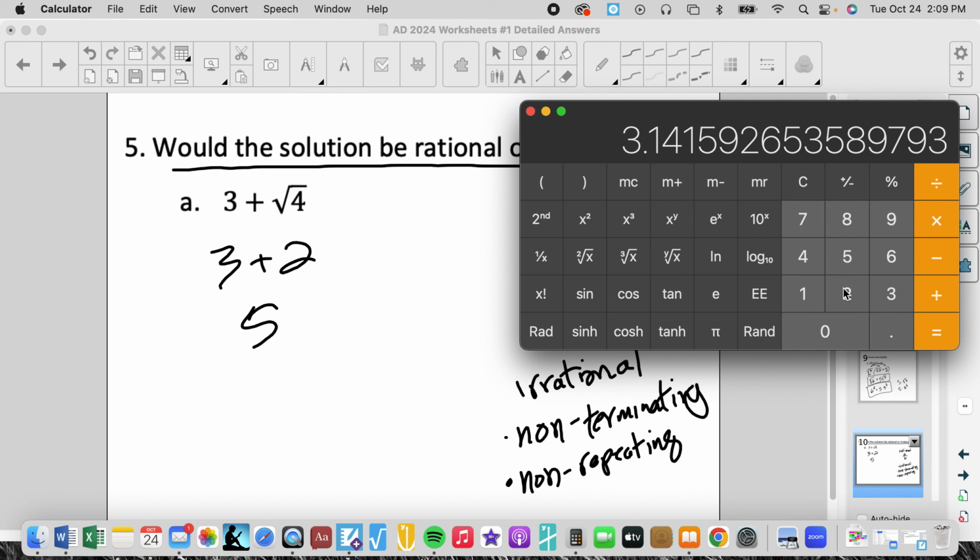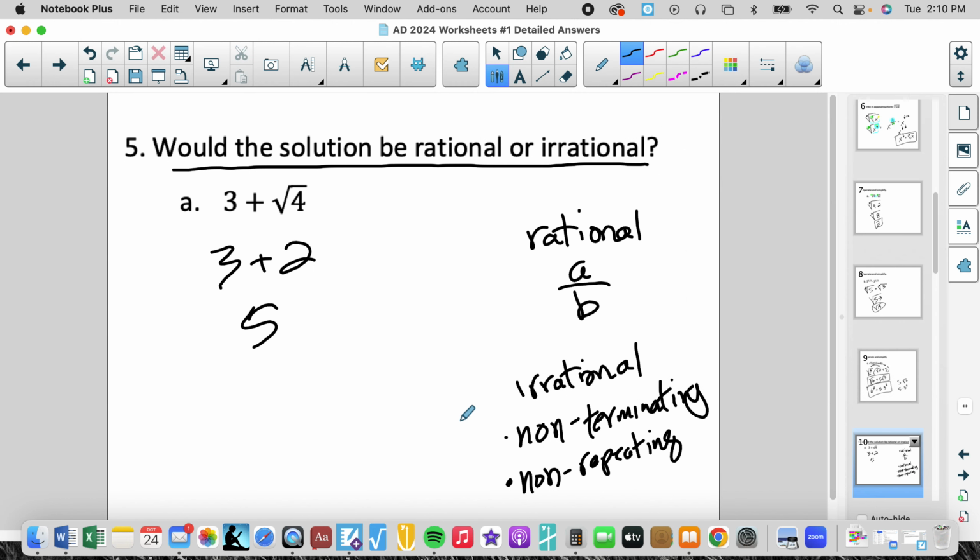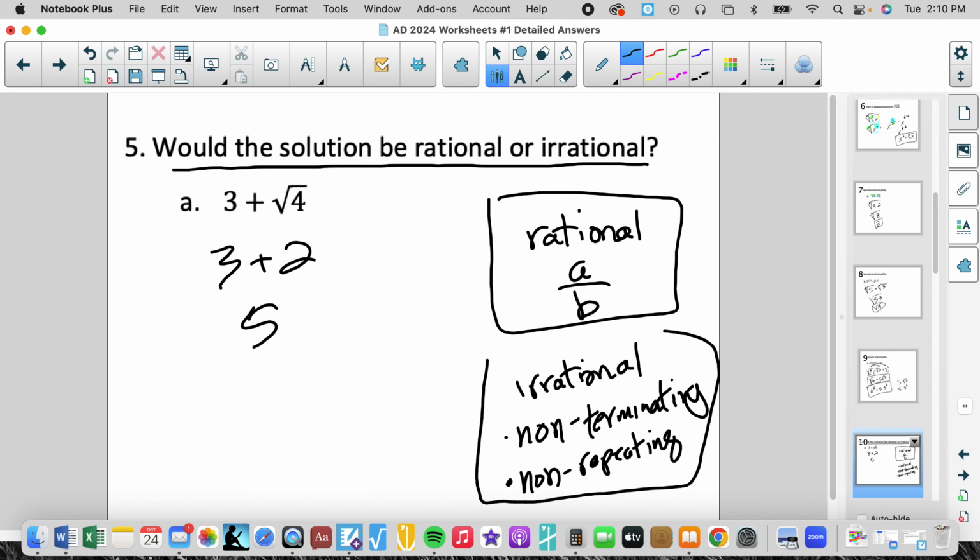If we do the square root of 2, that is irrational. It does not repeat and it does not end. Non-terminating means non-ending. So irrational numbers are most radicals. So we have these two categories, but we notice that some radicals can be turned into rational numbers.